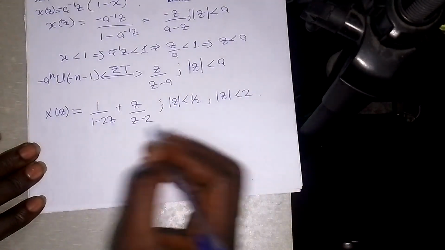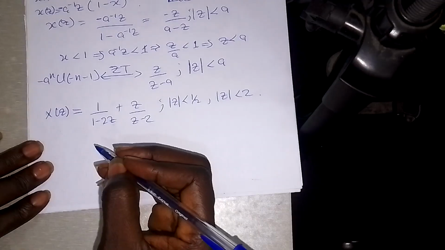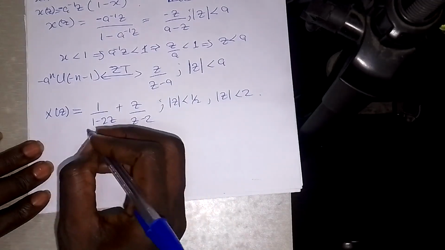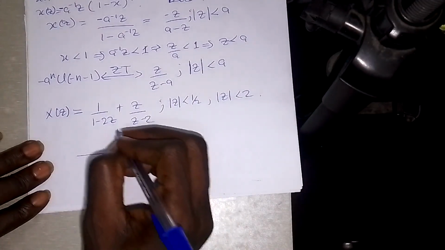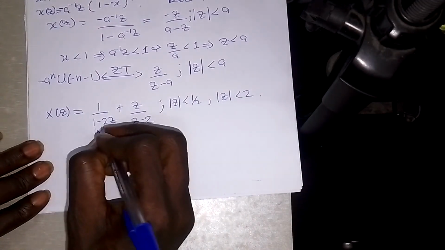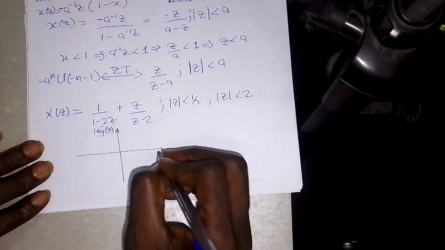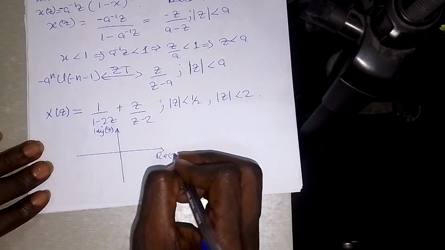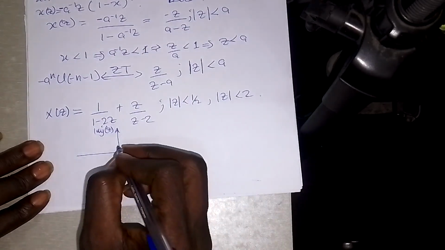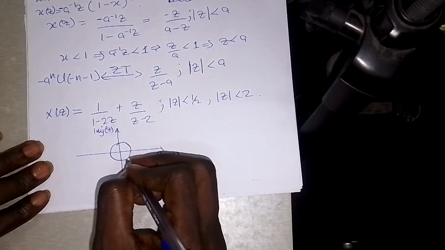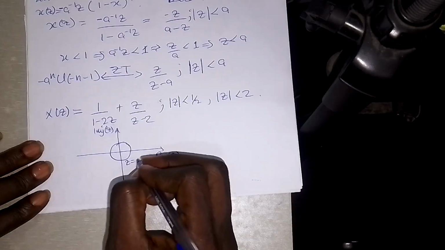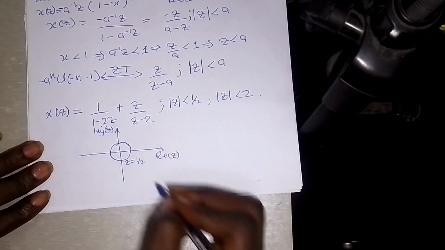Let's plot the one which is half before we plot the one which is 2. So now this is our Z plane. Here is imaginary of Z, and here is real of Z. Here Z equals half, which is the radius.